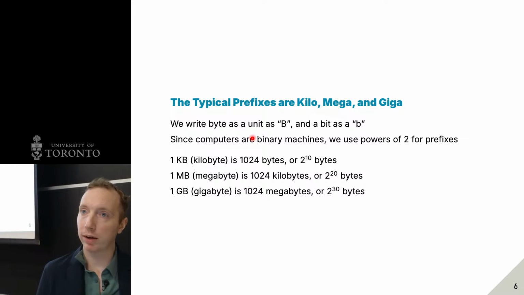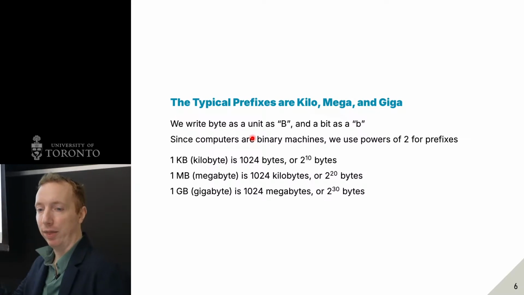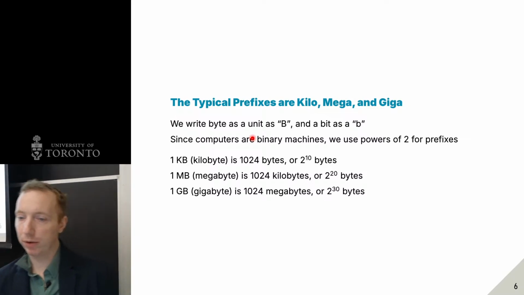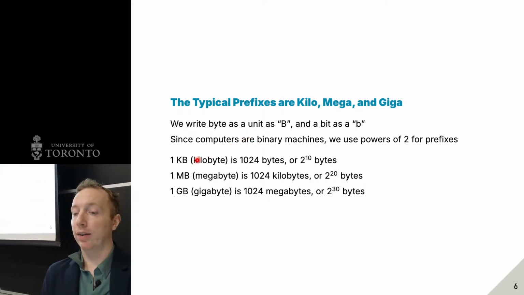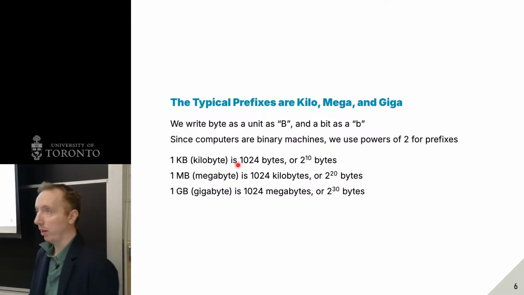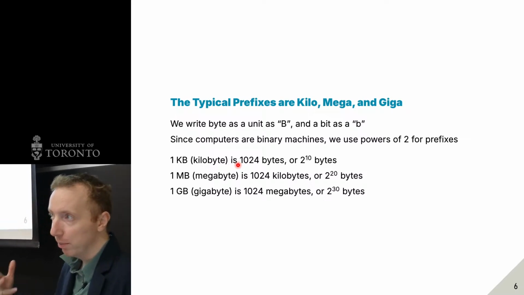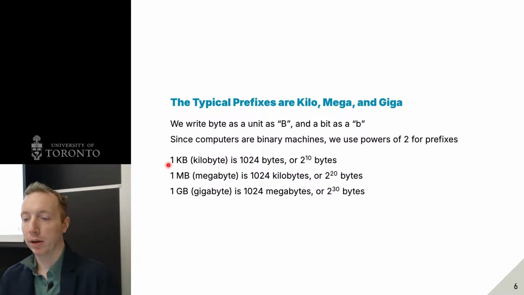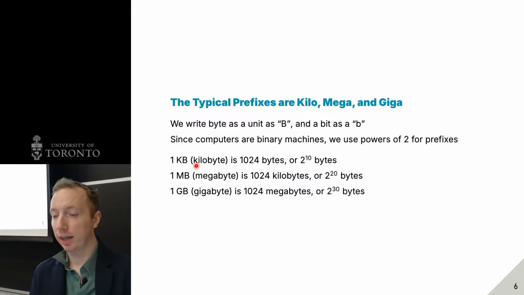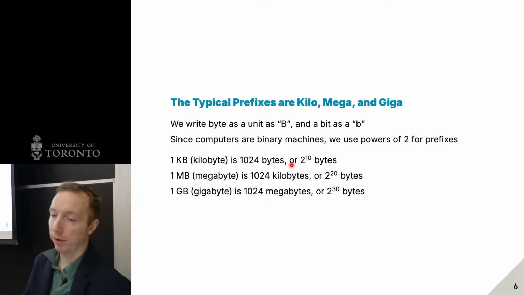It's a little different than our decimal prefixes, where kilo is exactly 1,000. For computers, a kilo is actually 2 to the power of 10, or 1,024. So it's kind of close-ish, but it's not exactly the same. So 1 kilobyte is 1,024 bytes, or 2 to the power of 10 bytes.